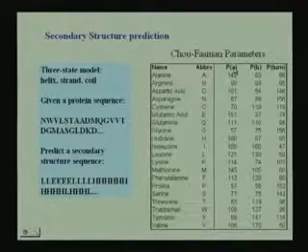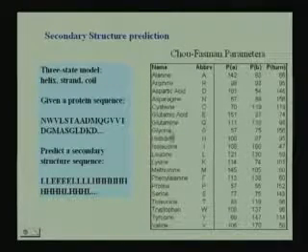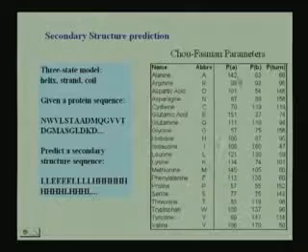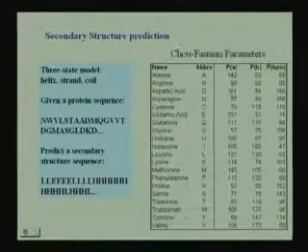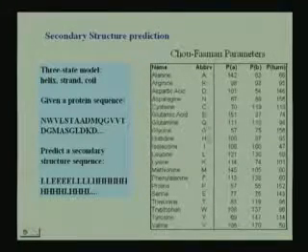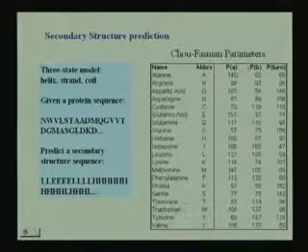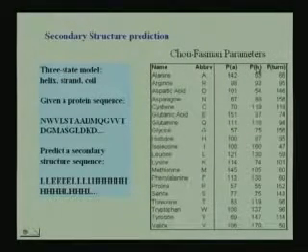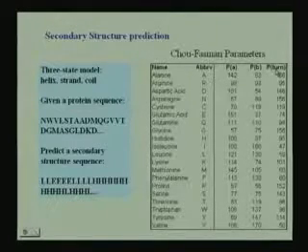So, let us go through it once more. What this table tells you is that you see all the 20 amino acids here. The numbers tell you whether these amino acids are going to form A's, that is alpha helices, B's, that is beta strands, or coils, that is turns.